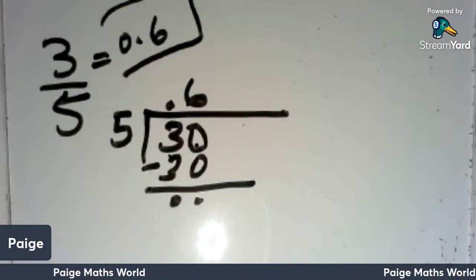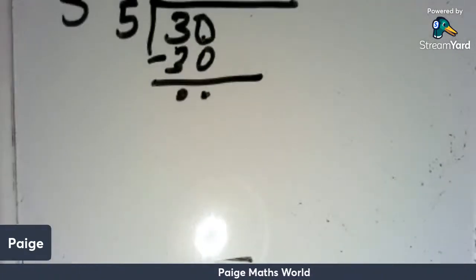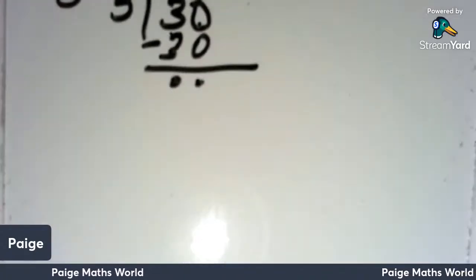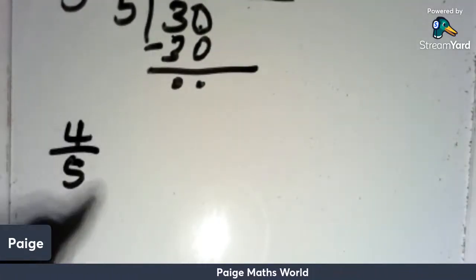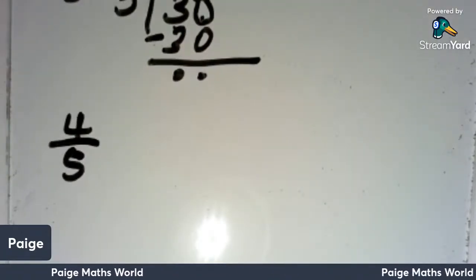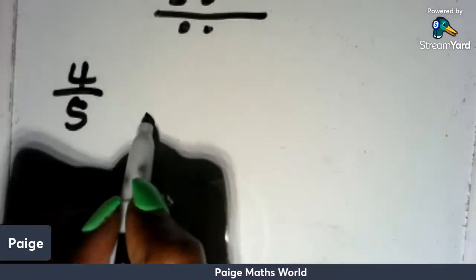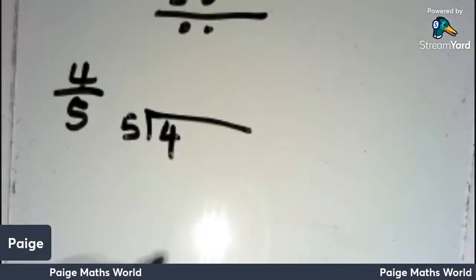All right. So Raymond, let us look at yours. So 4 upon 5. Let us see if we can get that as a decimal. 4 over 5 as a decimal. I know you will. All right, so 4 over 5 as a decimal, you're going to put your 5 on the outside, as I said before, your 4 on the inside.